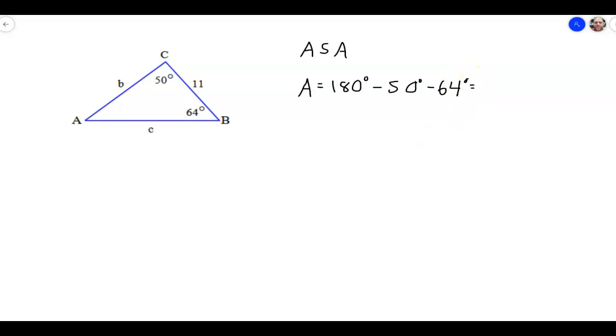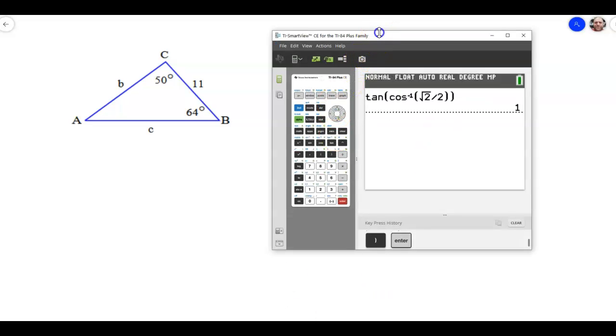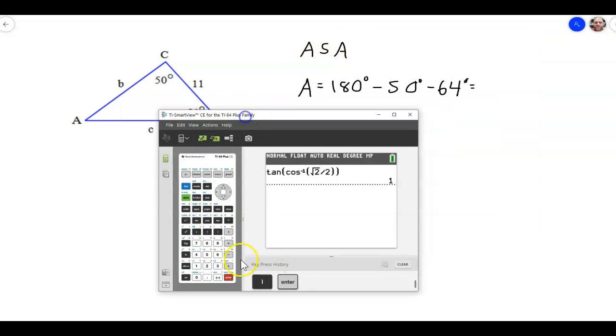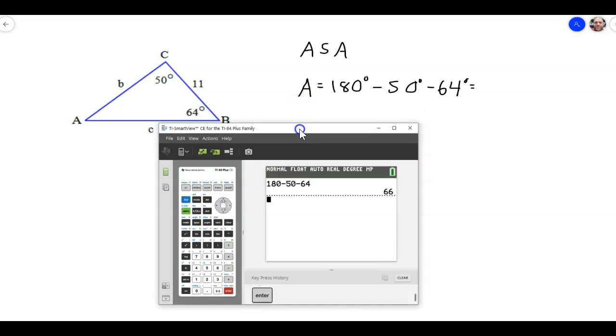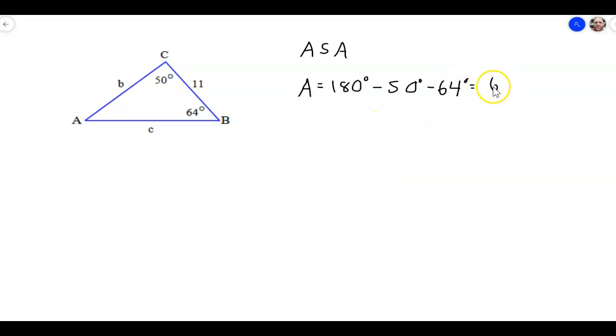I can pull my calculator up for that. So 180 minus 50 minus 64, and I'm going to get 66 degrees.